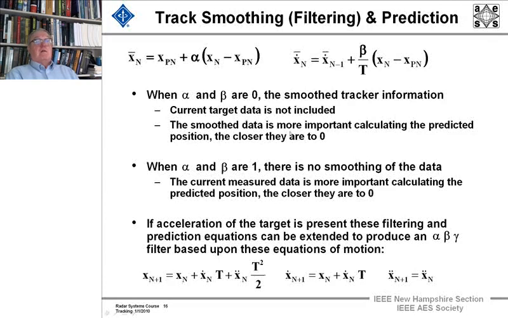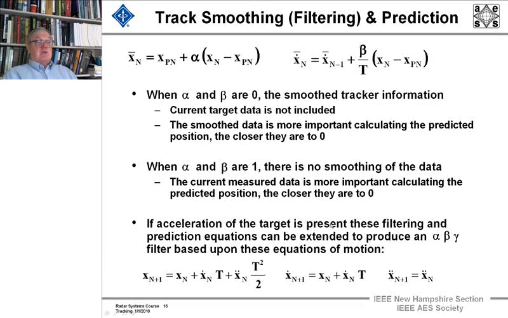So when they're small or 0, the current target position isn't included. You just take what you get. When alpha and beta are 1, there's no smoothing of the data. The current position of the data is most important.